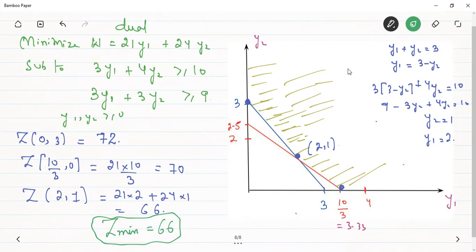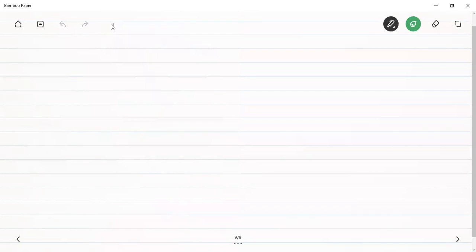We can write it here: the original problem was a maximization problem, and it was known as primal.